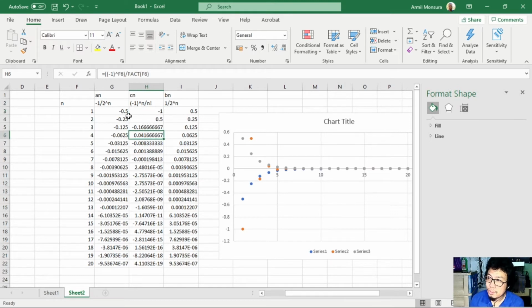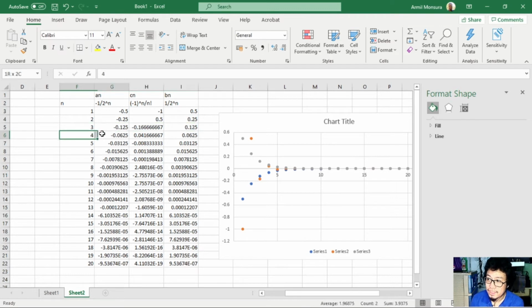Clearly for n equals 1, that is not the case because -1 is less than 0.5. In this case, 0.5 is greater than 0.25. And in this case, -1.667 is less than 0.125.